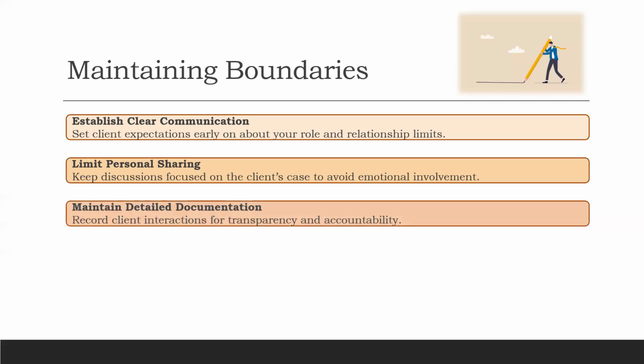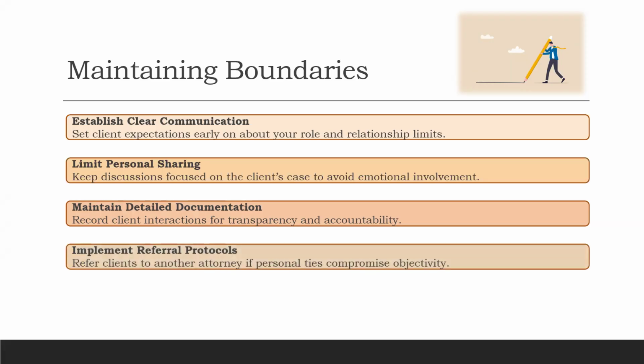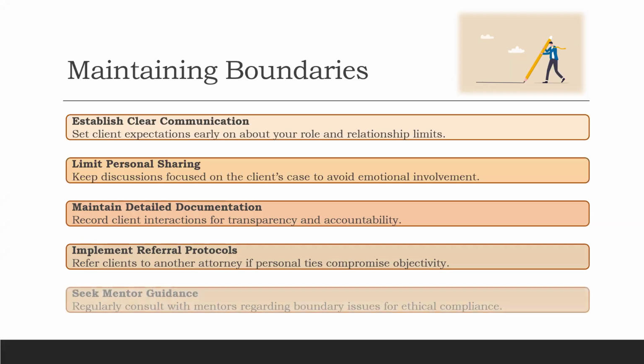Ensure all client interactions, meetings, and agreements are properly recorded to protect yourself and the client. Know when to refer out. If a personal relationship makes it difficult to stay impartial, refer the client to another attorney. And of course, seek supervision. When in doubt, consult with a supervisor or a mentor about any potential dual relationships or boundary issues.